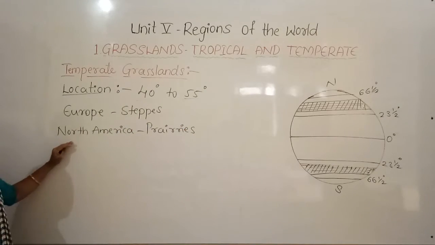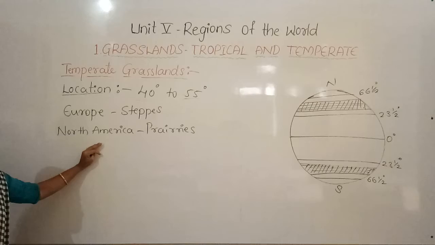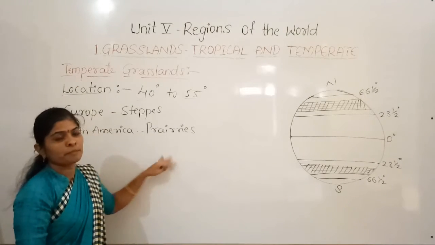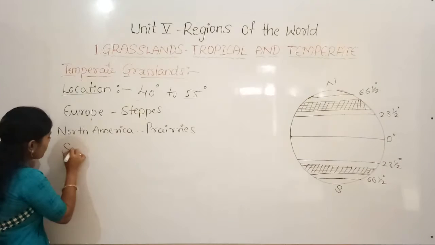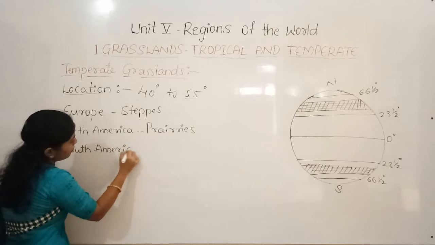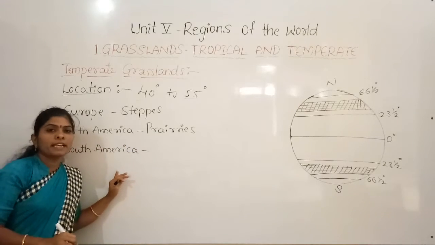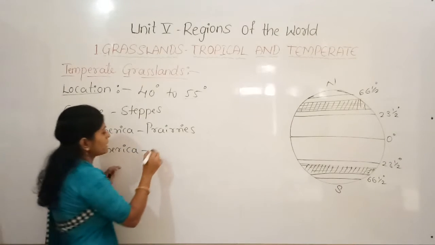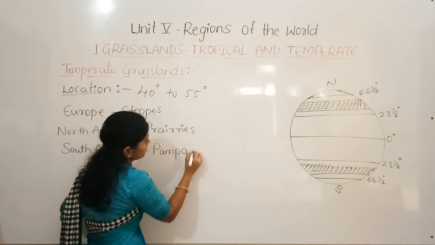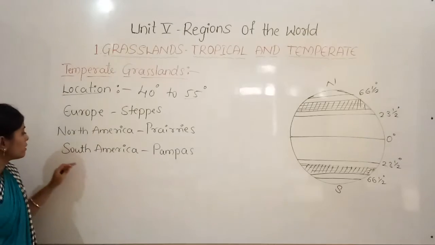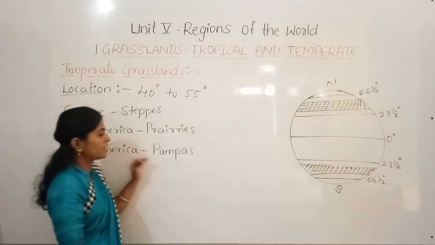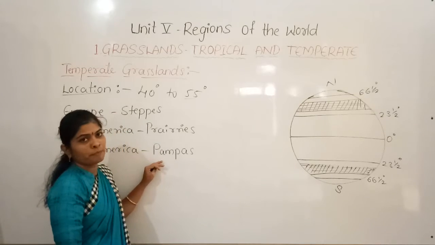And in South America, the temperate grasslands are called by the name pampas.